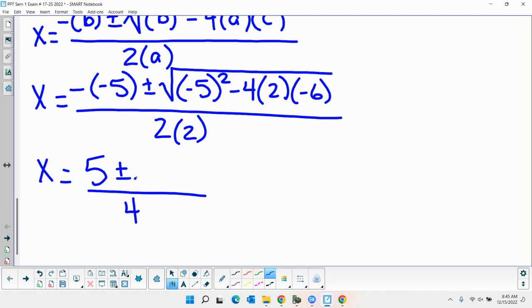It's a 4 underneath. And I told you not to put the square root in your calculator, right? Just do the 5 squared and so on. Well, 5 squared or negative 5 squared is positive 25. Negative 4 times 2 is negative 8. Negative 8 times negative 6 is a positive 48. So what is that, 63? Is that right?